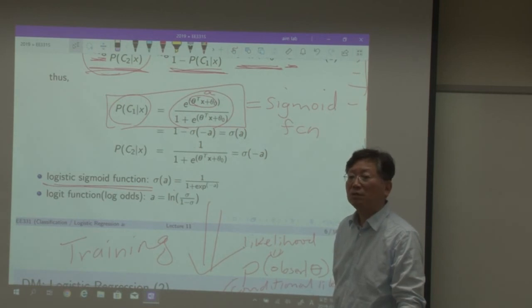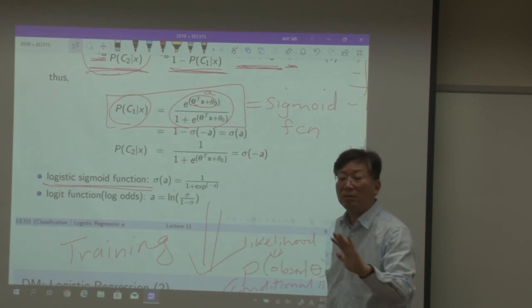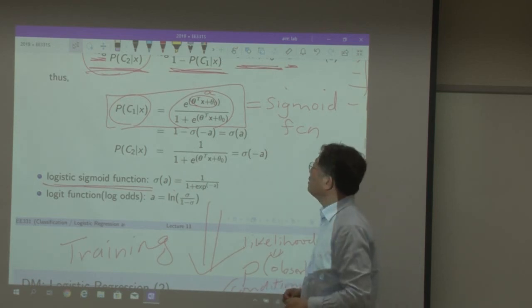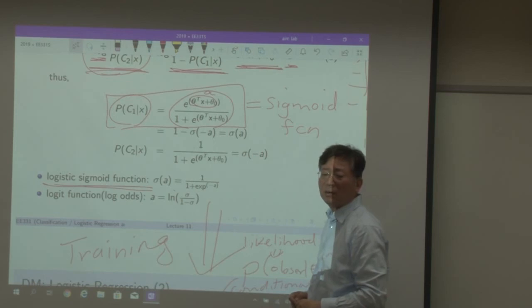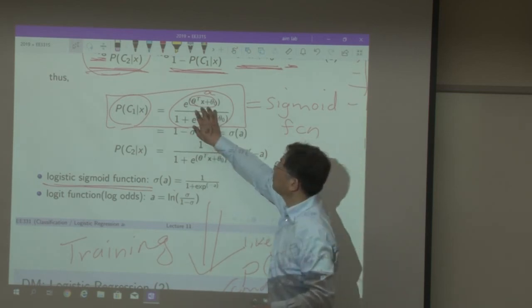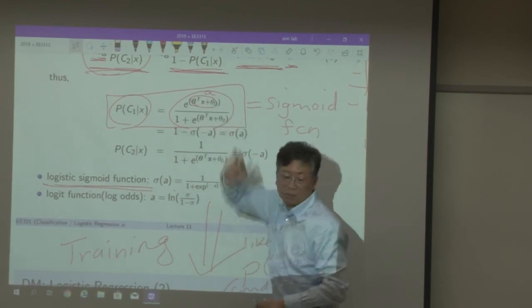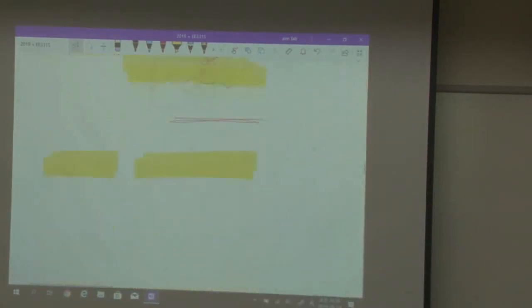Oh, you mean K different classifiers? I guess you can think of it that way. So this is an extension of that, and I will continue on from there.